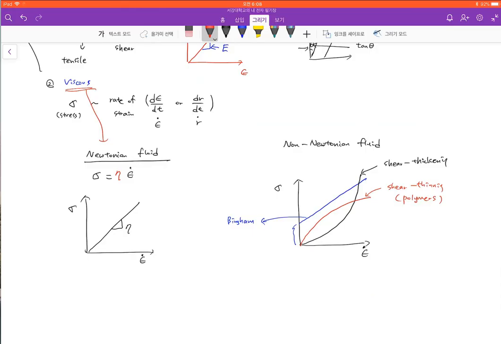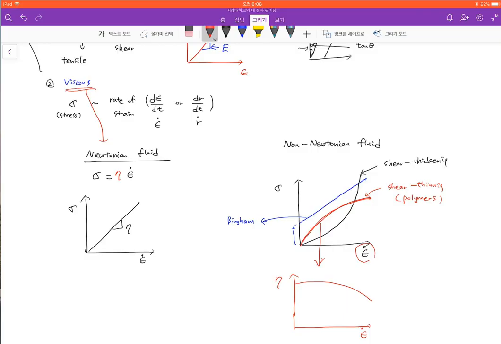If you look at this graph, as the rate increases, stress increases, but the slope decreases, which means that for shear thinning or polymers, if you plot viscosity, the ratio between stress and rate of strain, as a function of rate of strain, it shows a decrease, right?